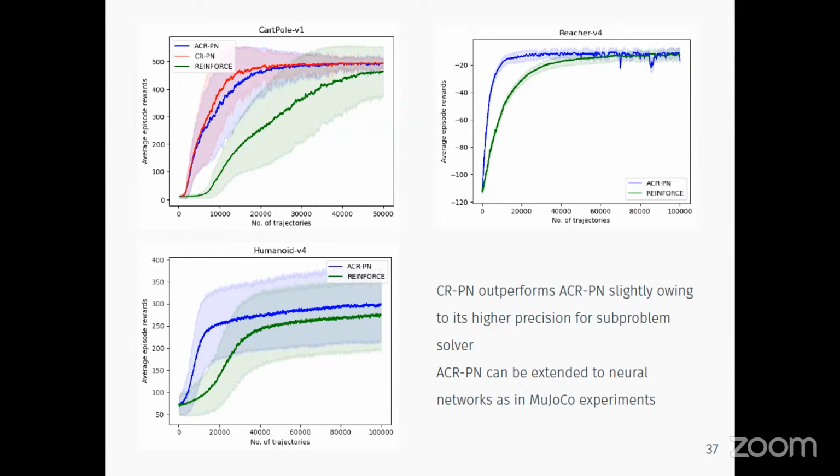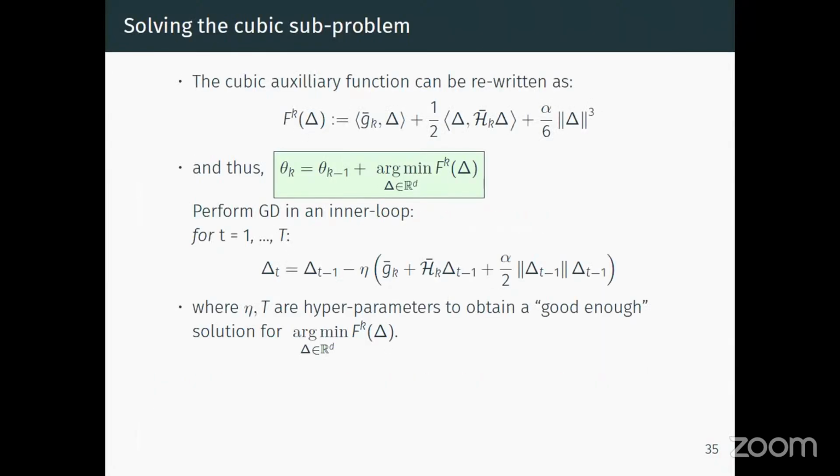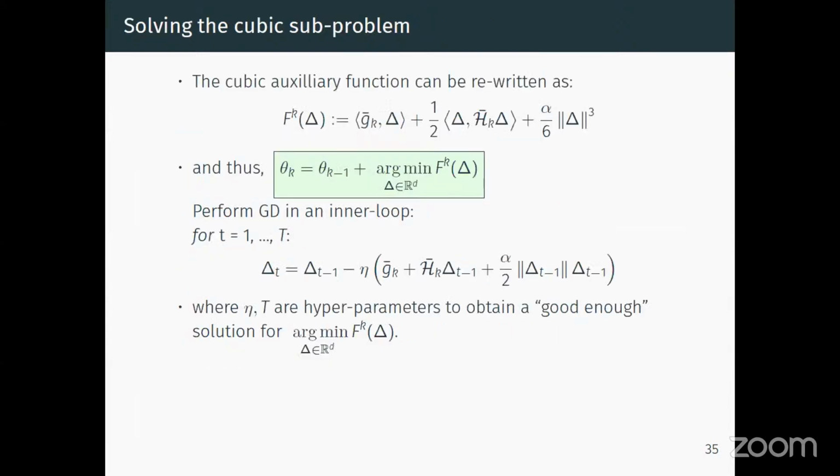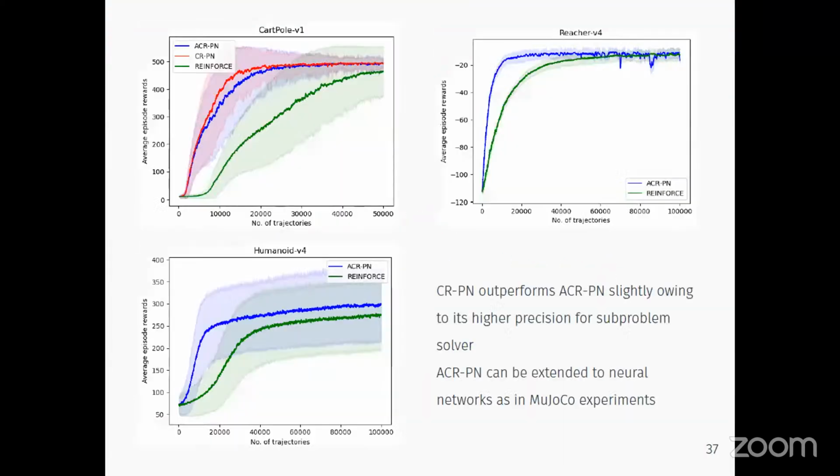The red line is also the question. Yeah, here we wanted to do Hessian vector products. If you see this, you couldn't find an easy way to solve this exactly or using a solver with neural networks. So what we did was we only implemented the ACRPN, the approximate one, using gradient descent. That's the reason why on MuJoCo experiments, because of the neural network feature approximation, we only have ACRPN.